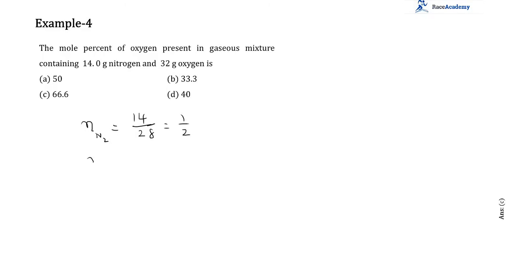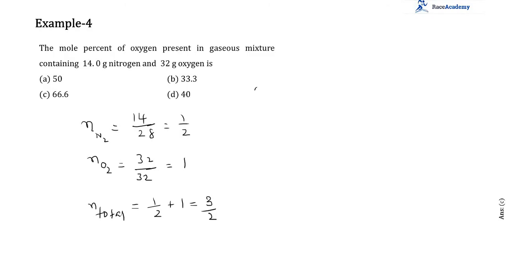Like that we can find the number of moles of oxygen also, that is 32 by the molar mass of oxygen, 32, which is 1. I can also find the total number of moles of the gaseous mixture: 1 by 2 plus 1 equals 3 by 2.